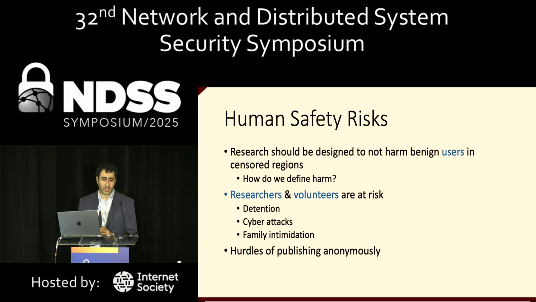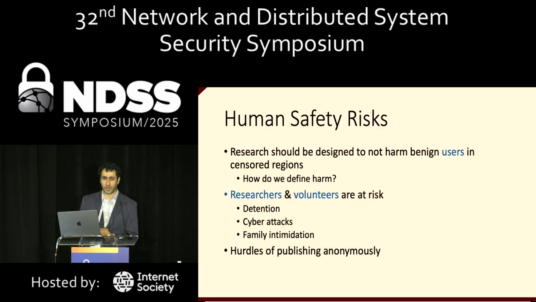I think one of the things that is essential is allowing people to publish anonymously when they work on sensitive topics like censorship. It used to be that people could do anonymous publications. More recently, there seem to be new hurdles to being anonymous.